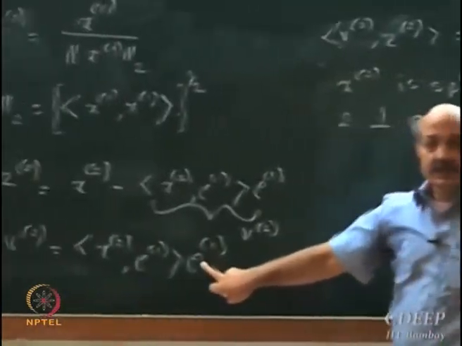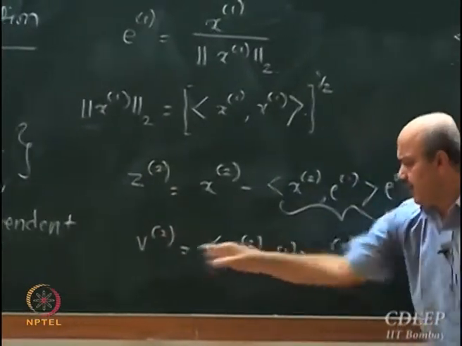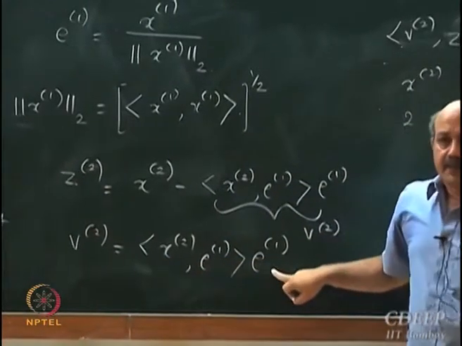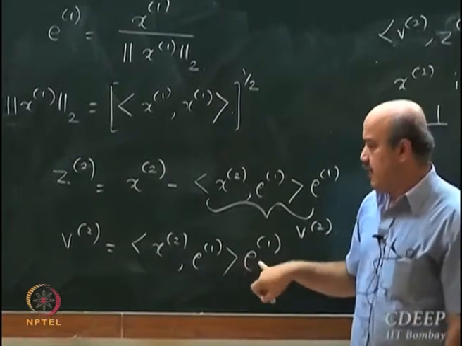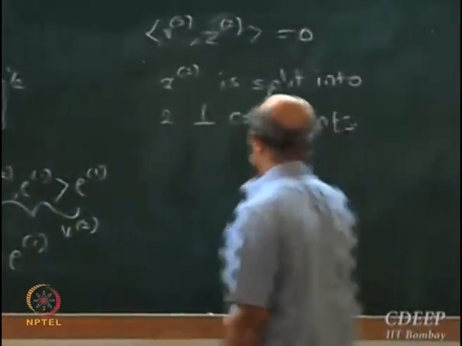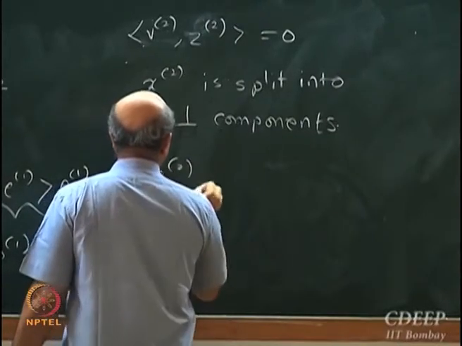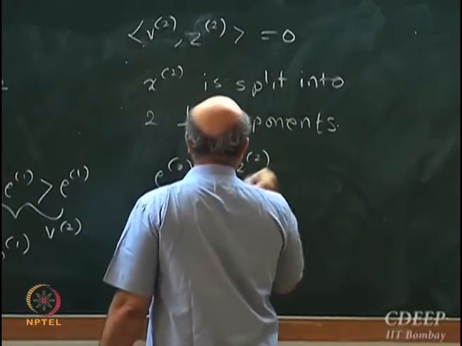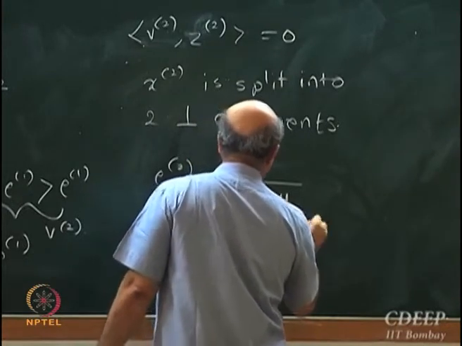One is E1 and the other is Z2. Because V2 is just some scalar times E1, right? So one direction is E1 and the other is Z2. These are orthogonal to each other. And then I define E2, which is Z2 by norm Z2.